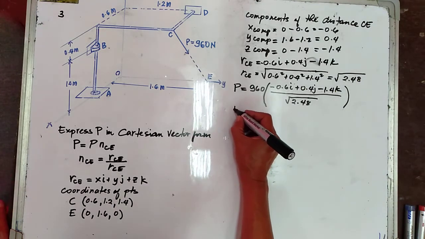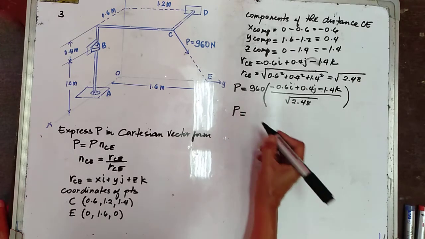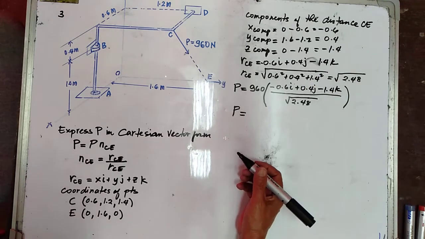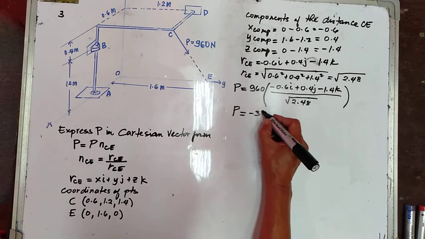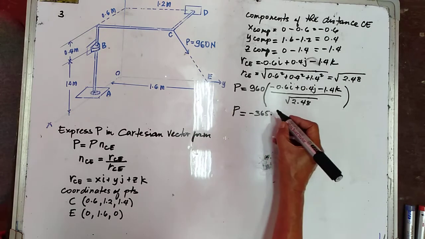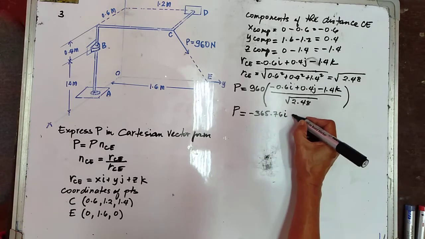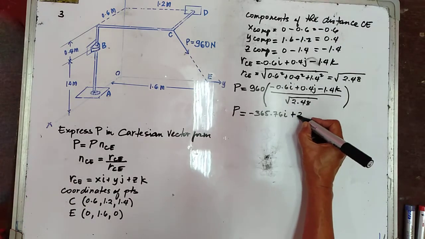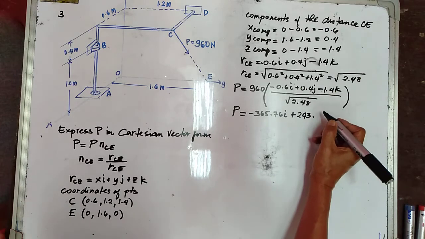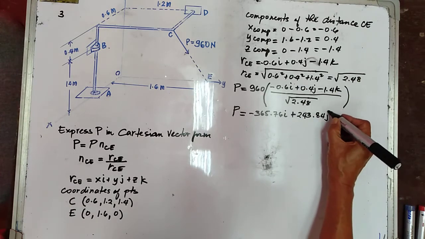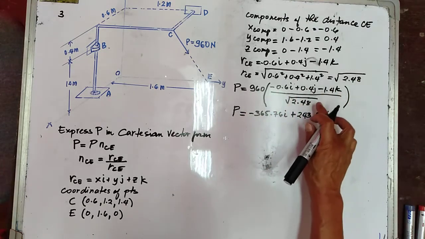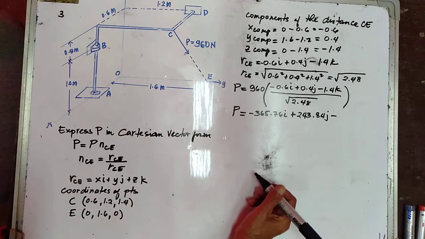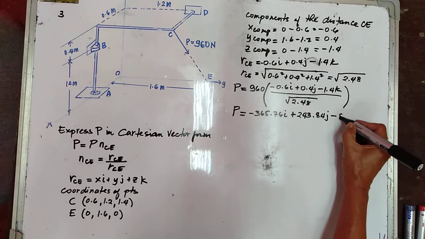So that your vector P is equal to 960 times 0.6 over the square root of 2.48, so this is equal to minus 365.76i, plus 960 times 0.4 all over the square root of 2.48, that is 243.84j, and then minus 960 times 1.4 over the square root of 2.48, that is 853.44k.